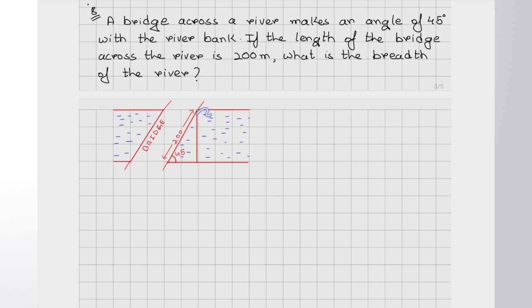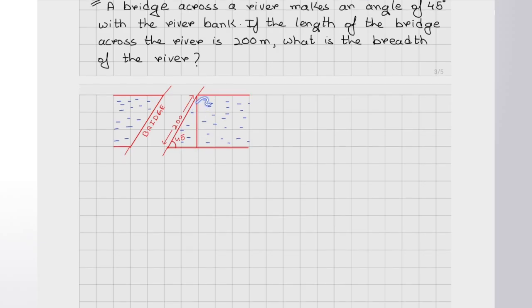Breadth of the river. That means we want to know this breadth of the river. Length and breadth. That means we want to determine the width of the river. Let's solve it.